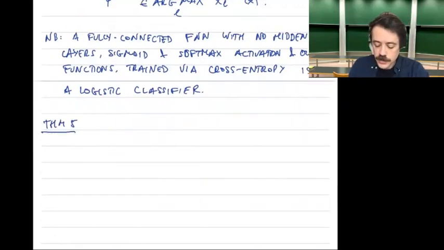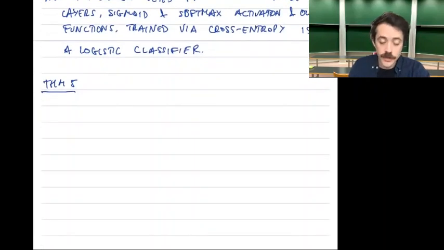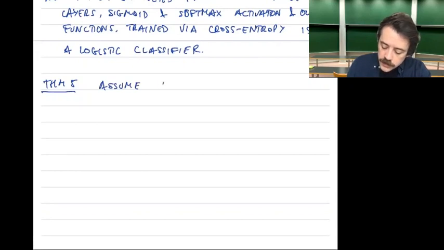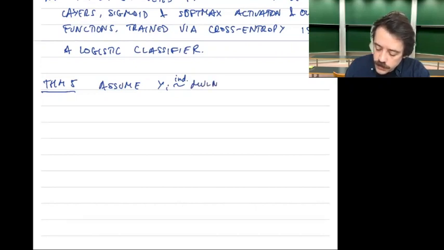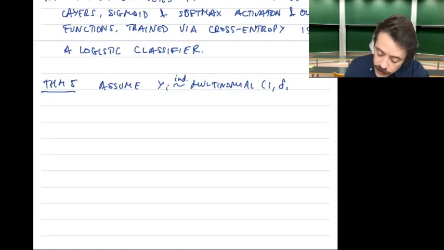Okay, so let's write a theorem. This is a theorem by Barron, a very popular theorem. So assume, as we've been doing, that the yi's are independent from a multinomial distribution with parameters 1, delta 1, given x, x delta 2 of x.